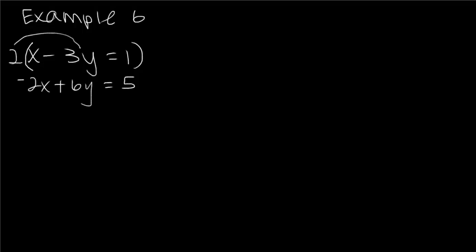So let's see how this works out. Let me do it in a different color to help us out. 2x, I'm multiplying the 2 by the top, minus 6y equals 2. And then I'm just going to write the bottom one down. I don't think we need to multiply it by anything. And it looks like these y's are going to cancel.